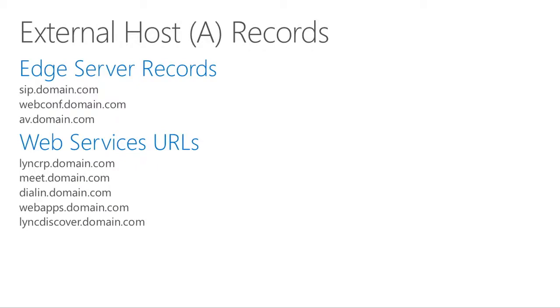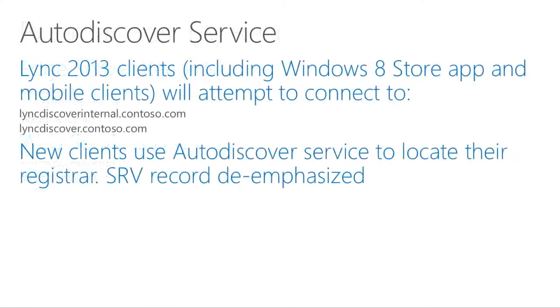So the last one there with Lync Discover, what I'm going to talk about next is the Auto Discover service that leverages that. And so all the Lync 2013 clients in the 2013 version of Lync will attempt to connect to lyncdiscoverinternal.contoso.com, and then if they can't find that, they'll connect to lyncdiscover.contoso.com.